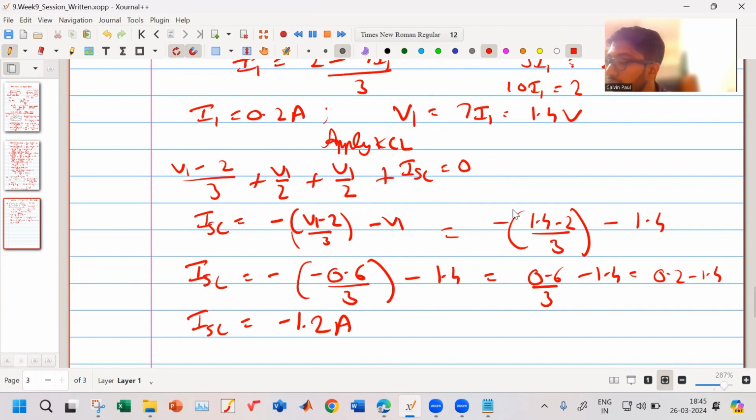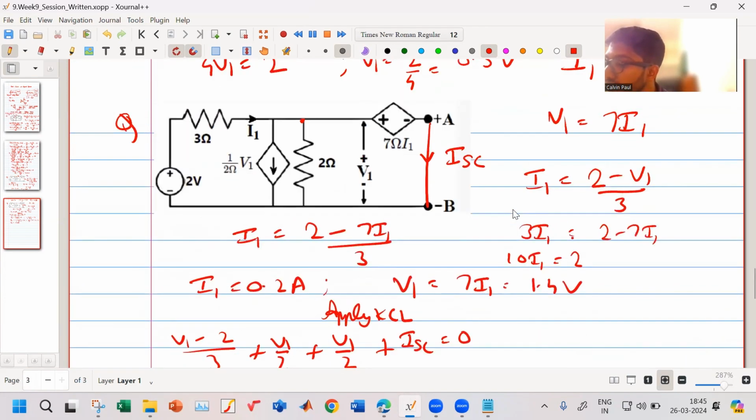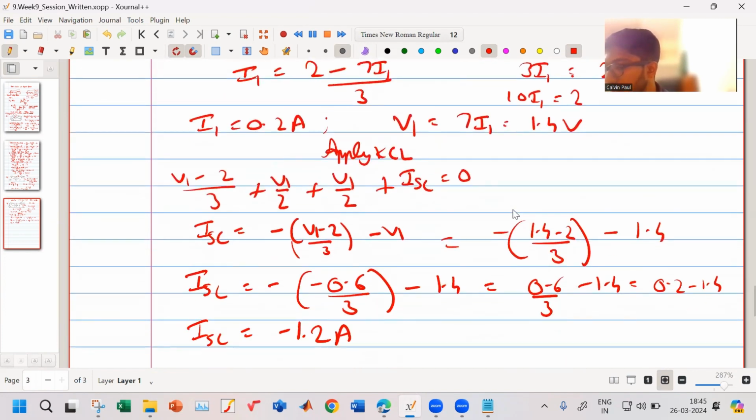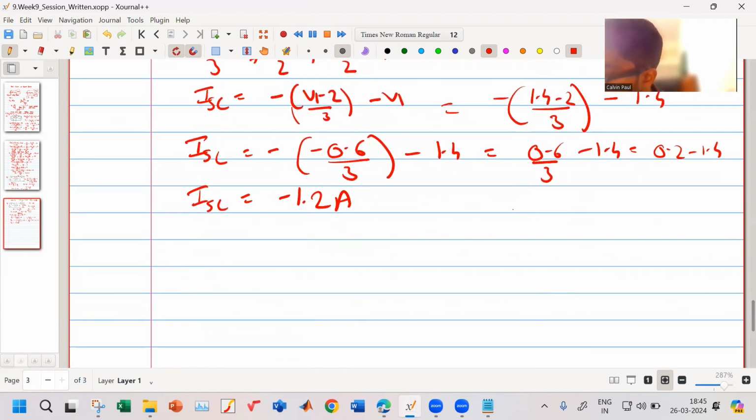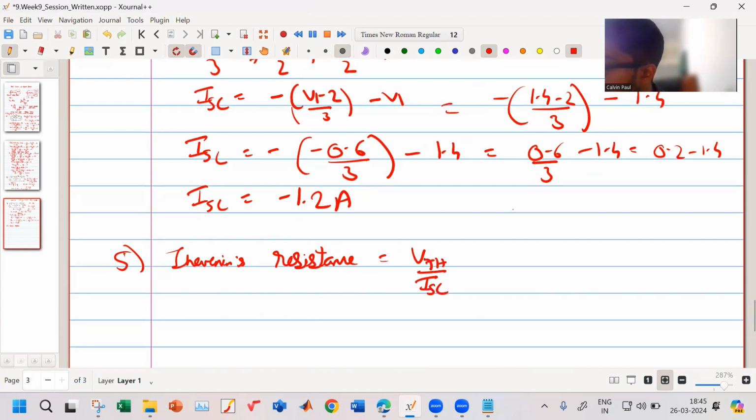Now we want to finally find the Thevenin's resistance. So how will we find it? VTH by ISC. Yes, so the very easy method to find the Thevenin's resistance is VTH upon ISC.